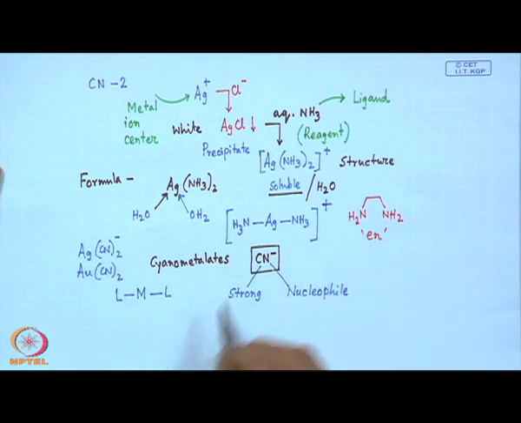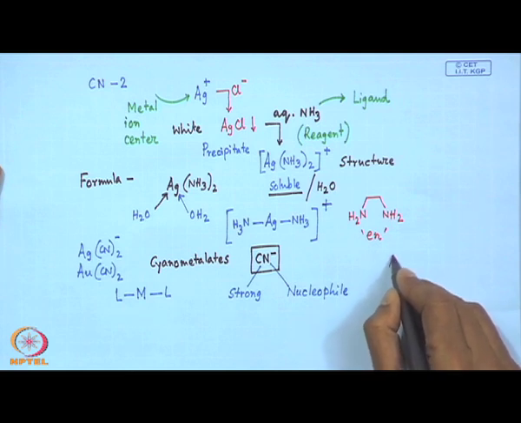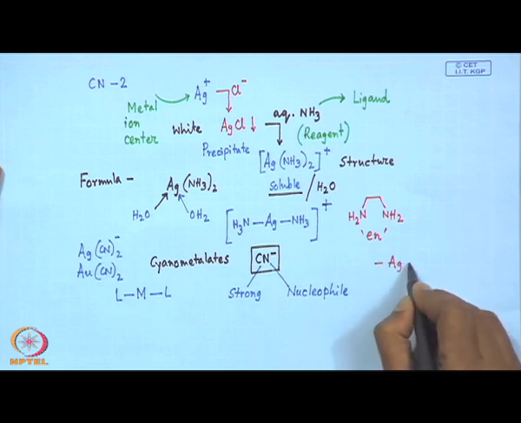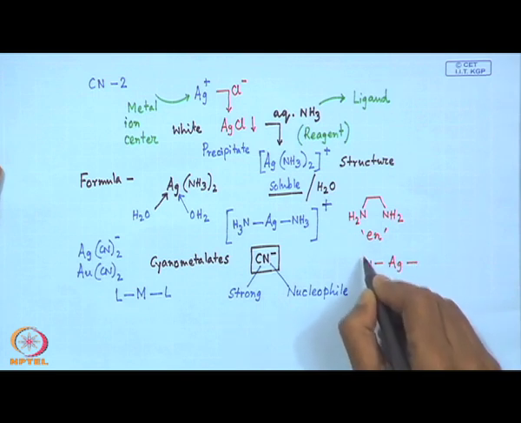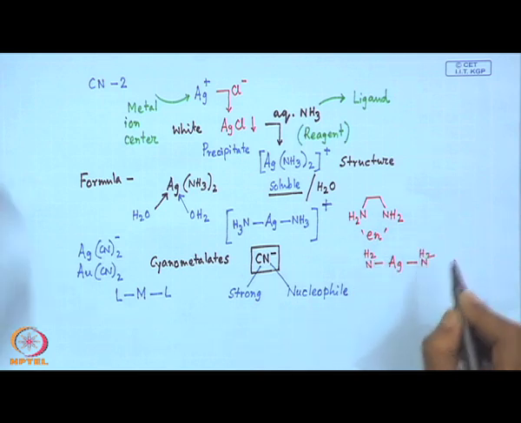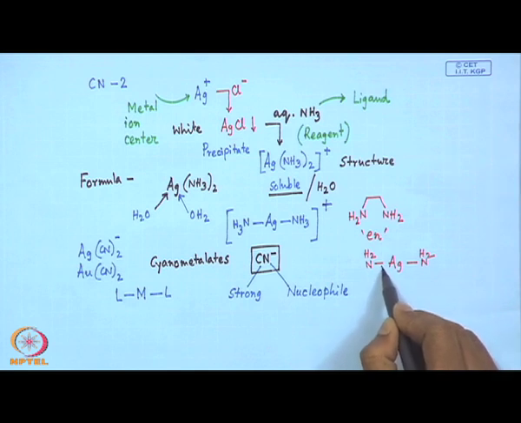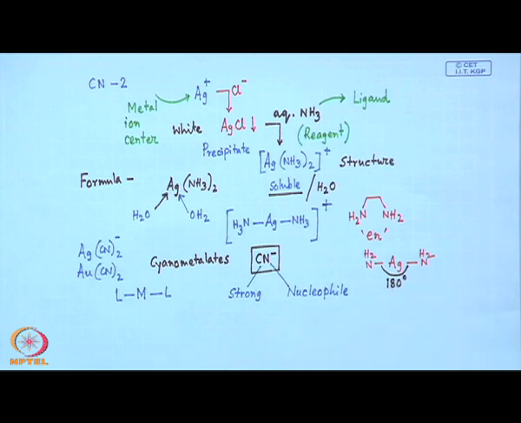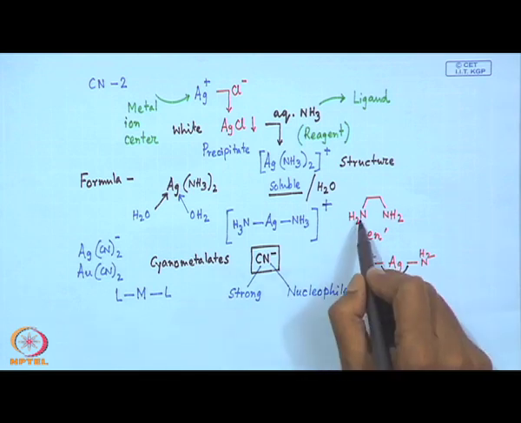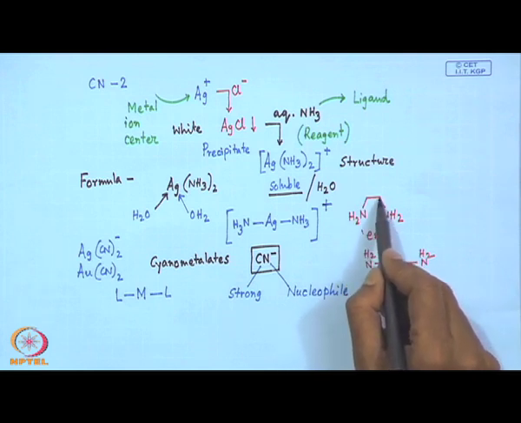So, how can ethylene diamine react with silver 1 or gold 1? In this particular case, if we have the silver on one side, and we try to have the NH2 function from this end and the NH2 function from this end, we will see whether it can span this entire range, that means whether it can span an angle of 180 degrees, which is not permissible for a bite backbone such as ethylene.